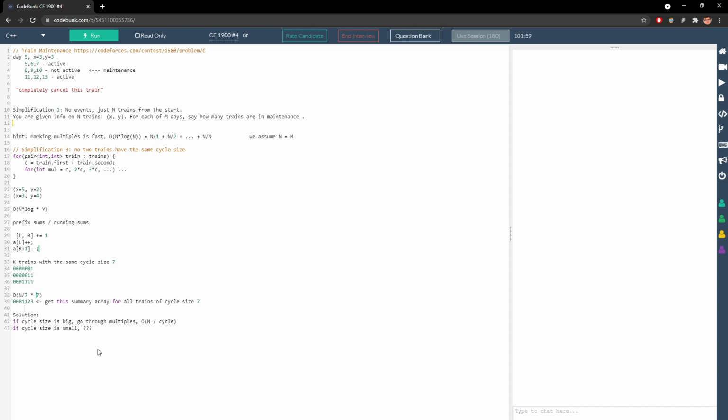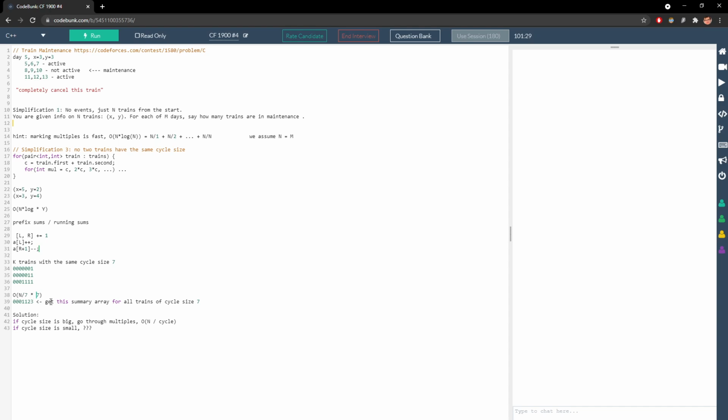And indeed, I agree. So we gather all the trains that have the same cycle size. We create such an array to see what they will do to every cycle of size 7, and then we just add in a naive way without any prefix sums. We just add it to all the positions in the array.